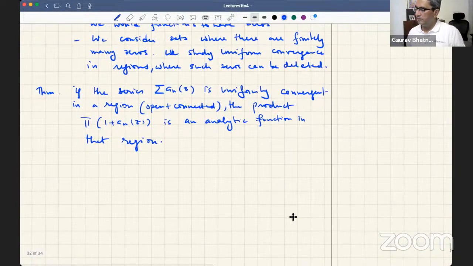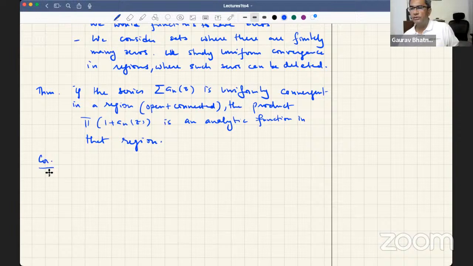So we won't do the proof, but the proof is on the lines of what we normally do for series, because everything works for series. So if there's uniform convergence in various sets of that region, it works very beautifully.